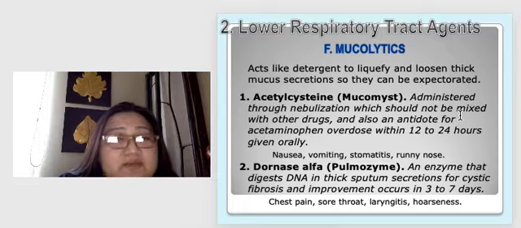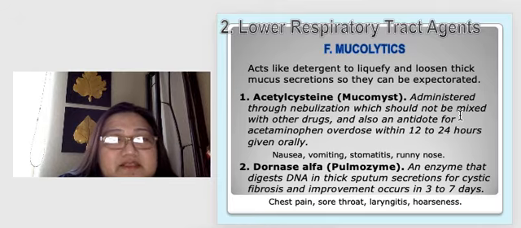Next drugs are mucolytics. They act like detergents to liquefy and loosen thick mucus secretions so that they can be expectorated. Sa upper airway infections, may mga expectorants, no? Itong lower airway infections, importante yung mucolytics.